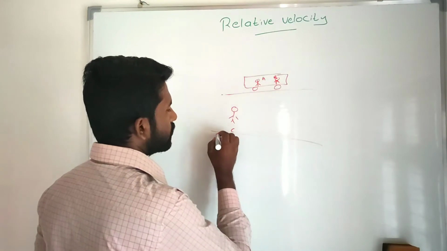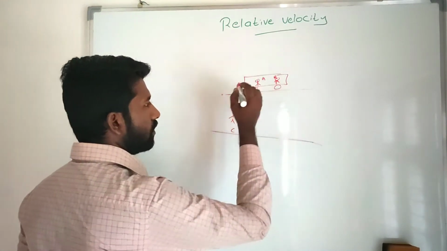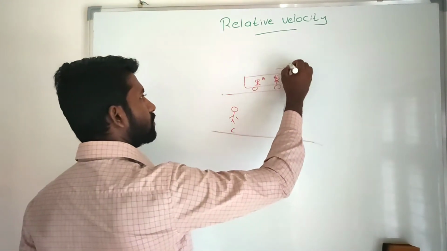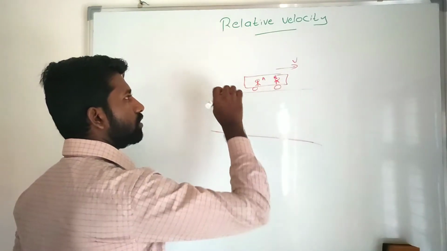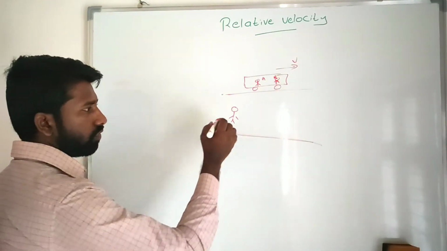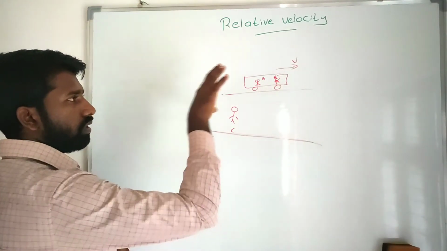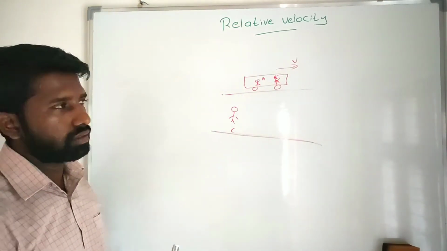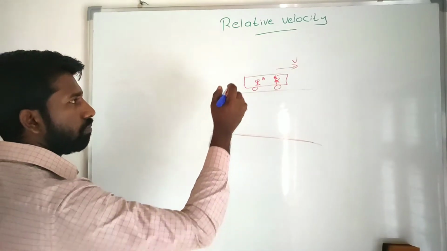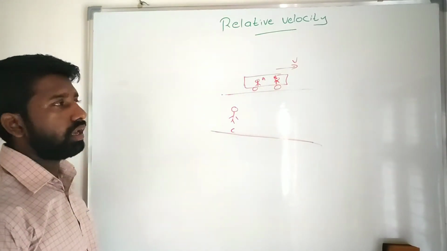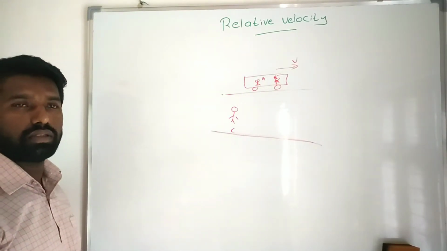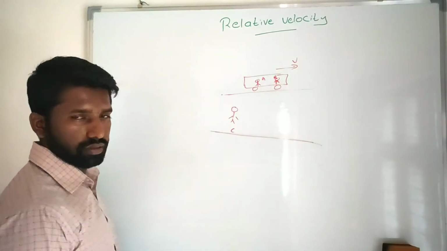For C person, A appears as moving. The bus is moving in this direction. For C person, A appears as moving with the velocity of the bus. But for B person, A appears as at rest.